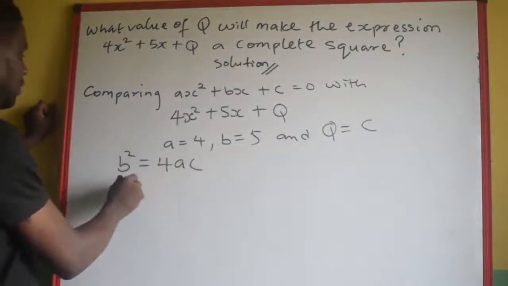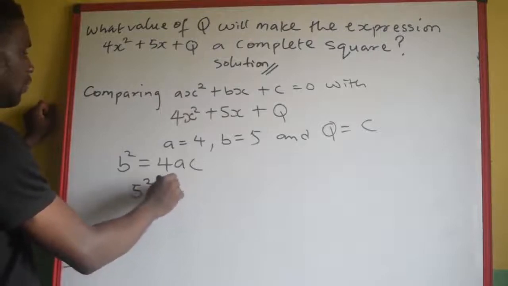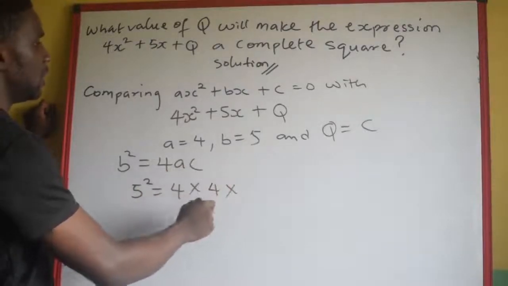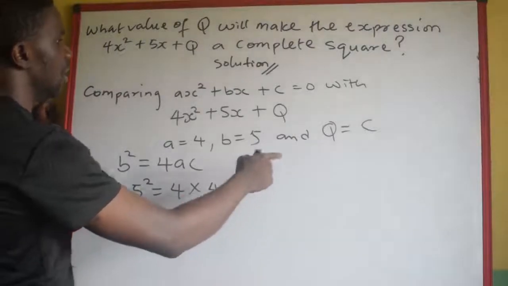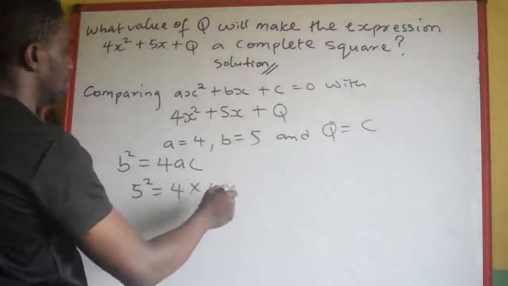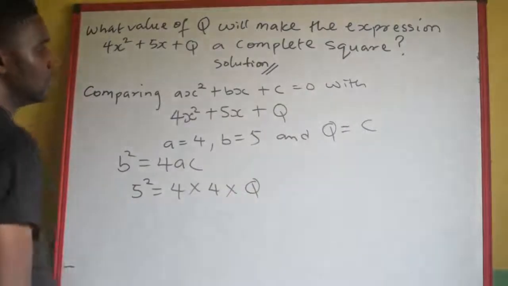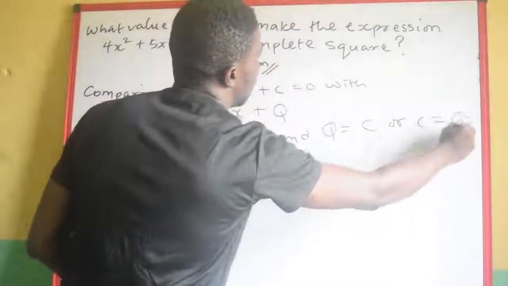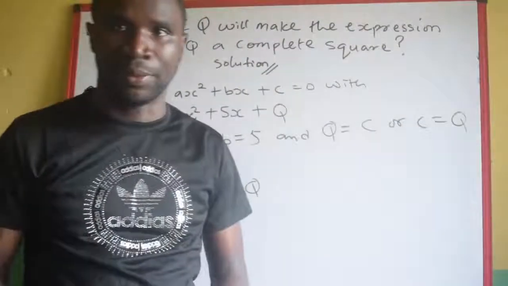B is 5 here. We say 5 squared is equal to 4 times our a, which is 4, times our c, which is equal to q. Both of them are equal anyway.